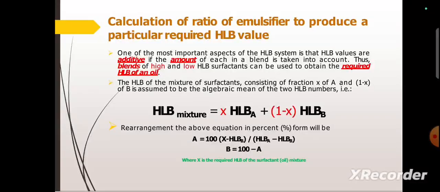The formula is HLB mixture equals X times HLB A plus (1 minus X) times HLB B. Rearranging the above equation in percentage form, we write A equals 100 times (X minus HLB B) divided by (HLB A minus HLB B), and B equals 100 minus A, where X is the required HLB of the surfactant-oil mixture.